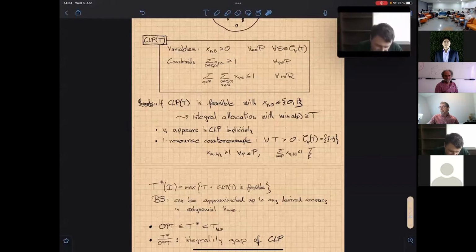What we are interested in, you can already see it from my first remark, is whether for a given t this thing is feasible. And in fact, we are interested in the largest possible t such that this is still feasible.